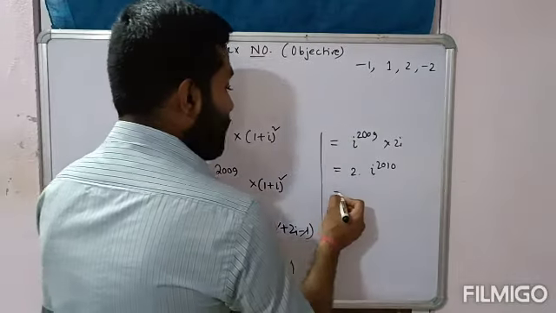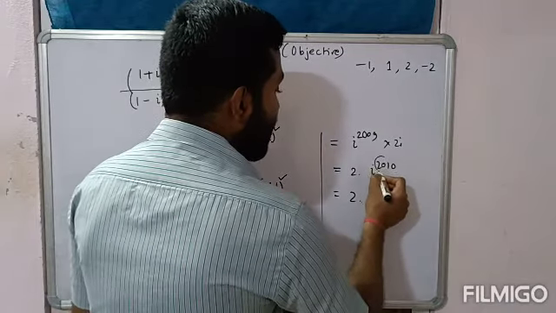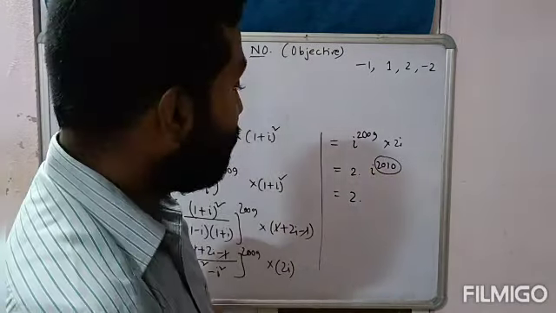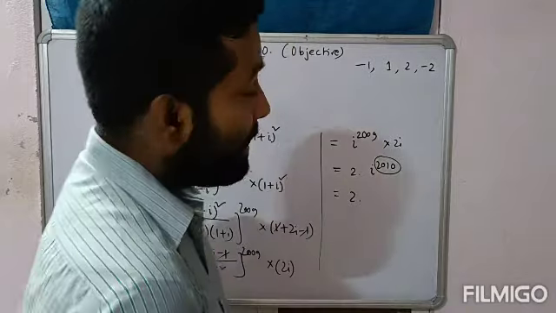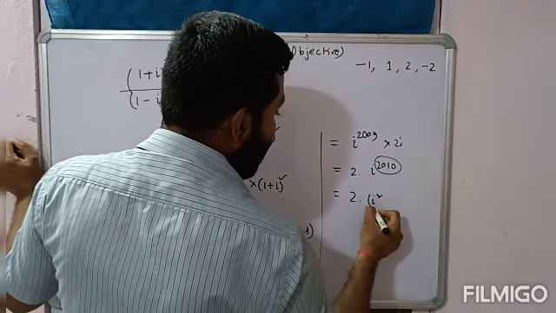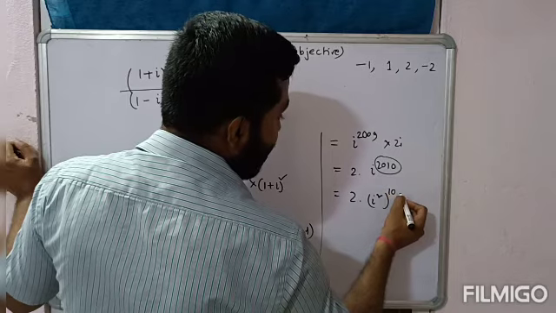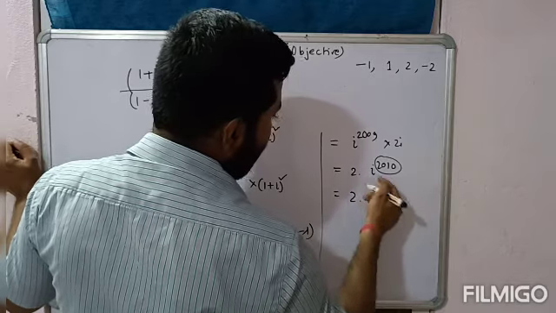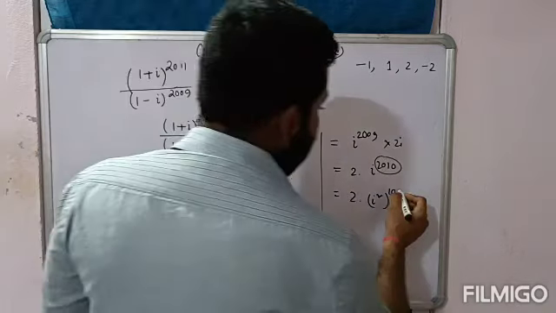Alright. So 2 into, now this is an even number. Look at the exponent: 2010 is even. So since it is even, divide this number by 2. So (i square) to the power 1005.